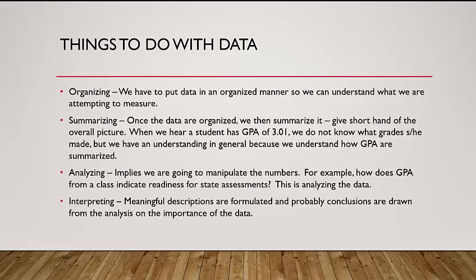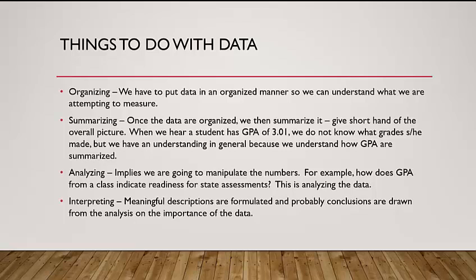So after we organize and summarize, then we analyze. This implies that we're going to manipulate the numbers somehow. For example, how does GPA from a class indicate readiness for a state assessment? And this is analyzing the data.